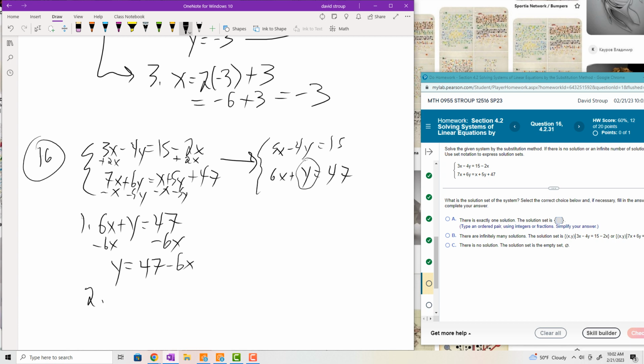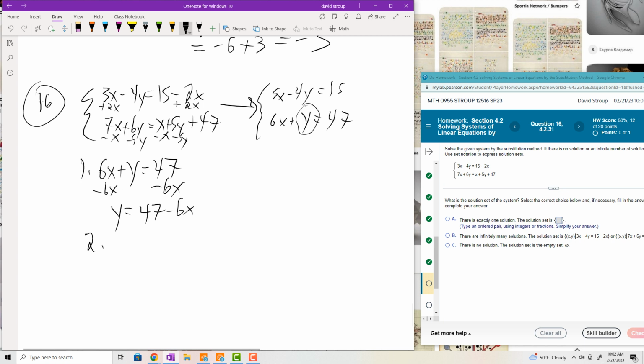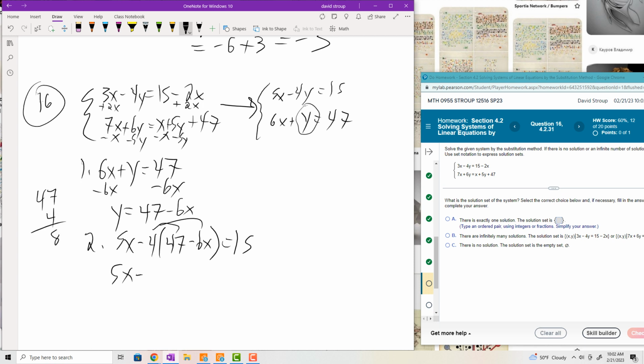Sub that into the unused equation. So I have 5x minus 4 times 47 minus 6x is 15. And then I have to simplify, so I'll distribute. And eventually they'll force me to get my calculator out, but not yet.